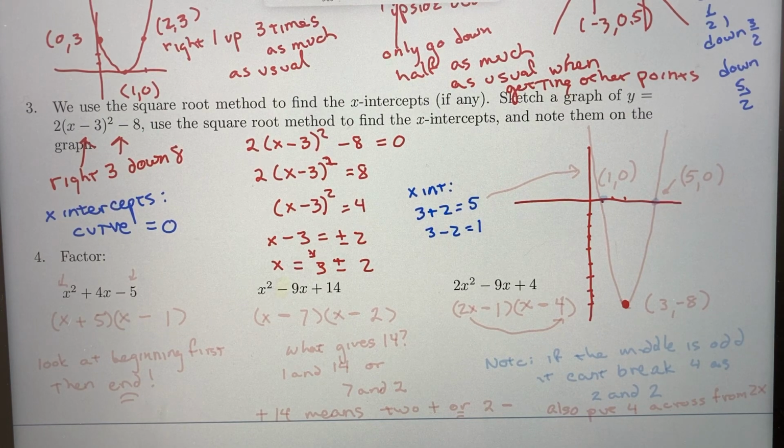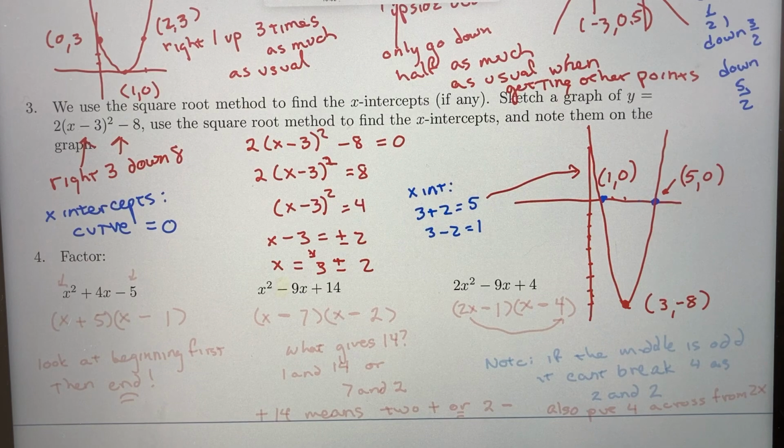So my 2 x-intercepts are over at 5, 0, and 1, 0. I can make that taller. So those are the x-intercepts. And then the vertex is at 3 comma -8.